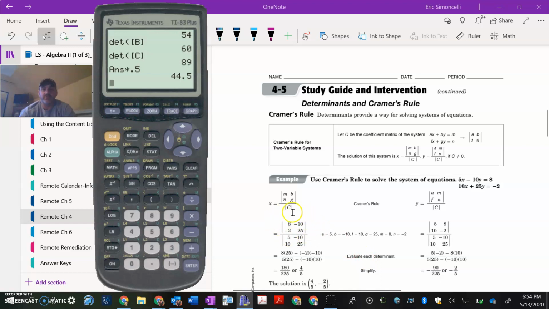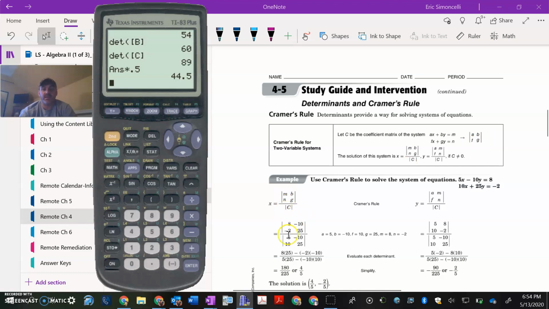This first matrix numerator, notice that 8, -2 stems from right here, the right side of the equation, replacing the M and N, or it is M and N, but it's replacing the A and the F, technically, that we were seeing at the beginning of the setup.